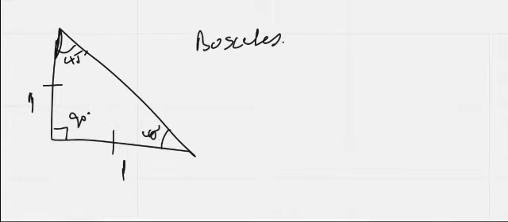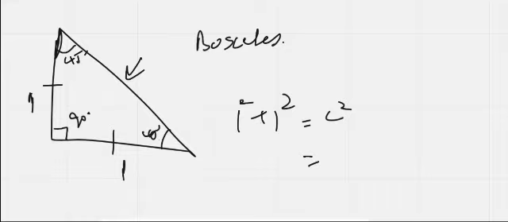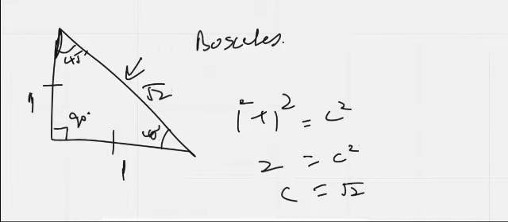And here, this longer side, what is this side? Using the Pythagorean theorem, 1 squared plus 1 squared is equal to c squared. So it becomes 2 equals c squared, and c will be square root 2. So this will be square root 2. Now let's try with other numbers.